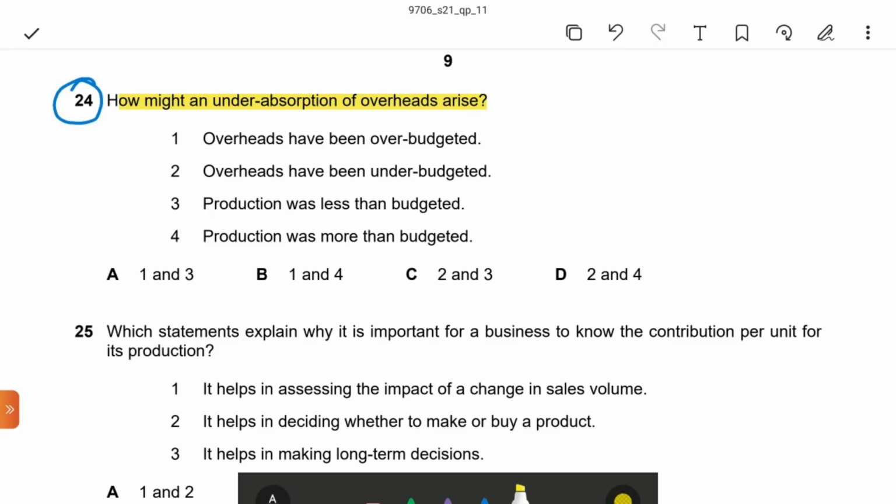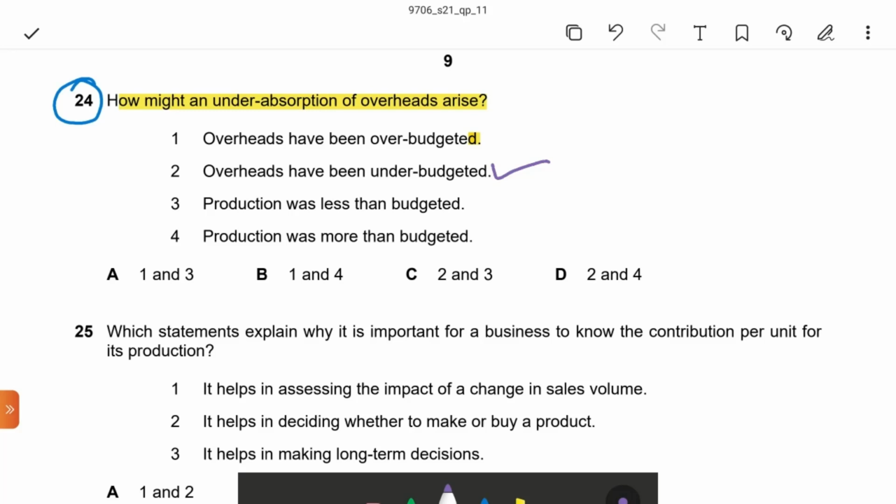Underabsorption means it is not over budgeted. No. Second, overhead has been under budgeted. When the overhead is under budgeted, it must be under absorption. So option 2 is correct.